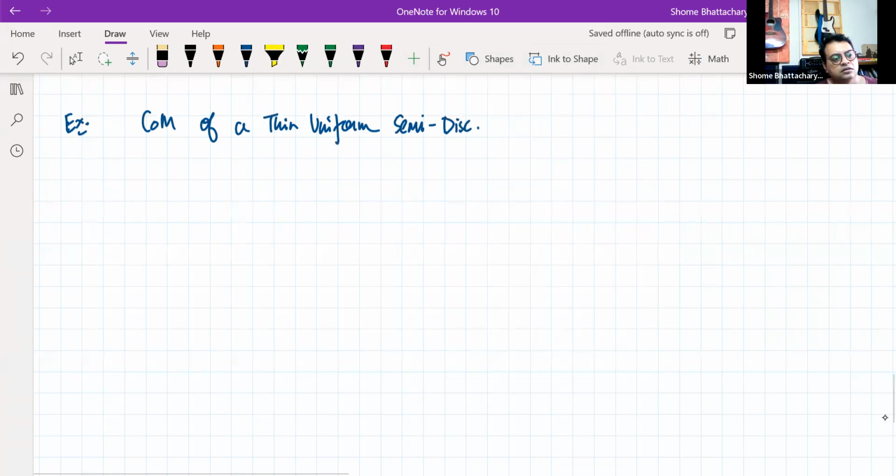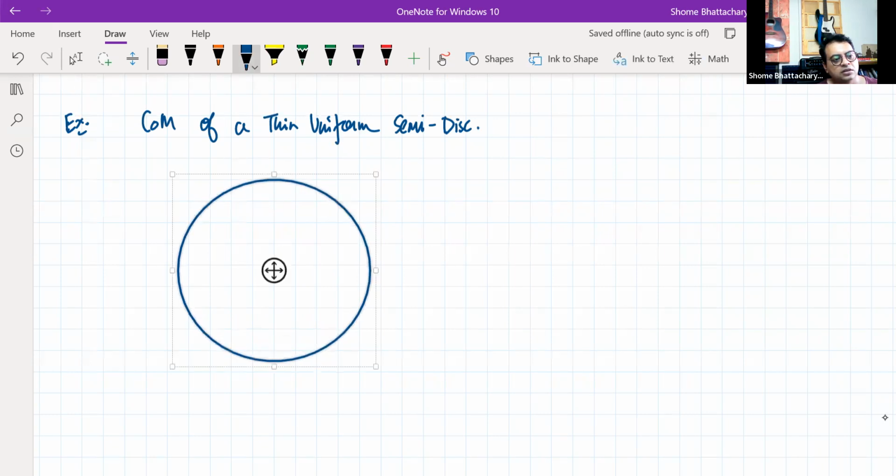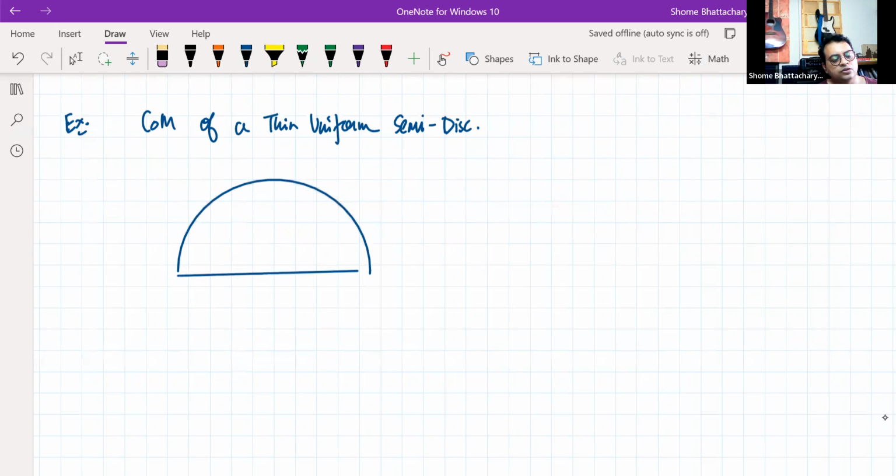We have taken a disk which has uniform mass distribution. That means the mass per unit area on the surface is uniform, but then we have sliced the disk into half exactly, making it a semi-disk. And then we have to find the position of the center of mass.